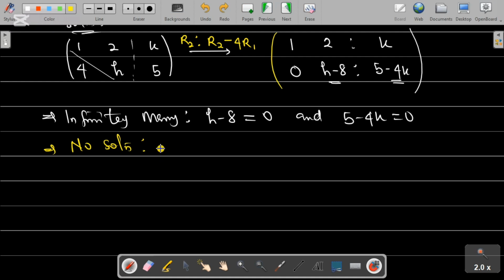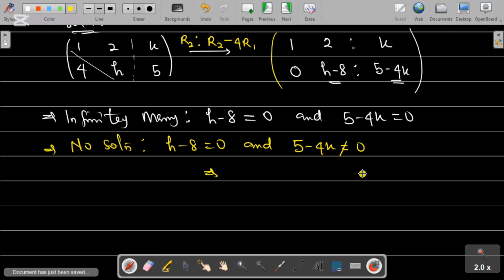So in that case, for me to have no solution, h minus 8 should be 0, and you can see I'm using 'and', that means both of them must happen, and 5 minus 4k must not be 0. When I have that, it means no solution, meaning that the solution set will be empty.